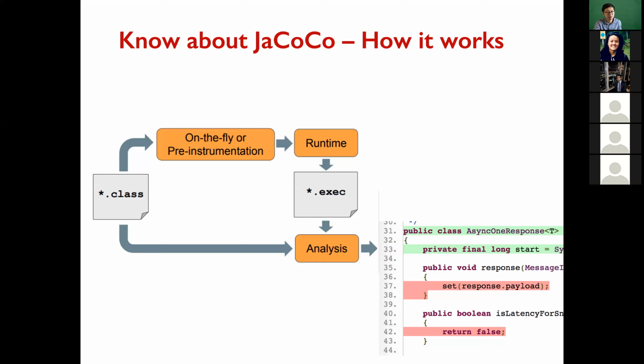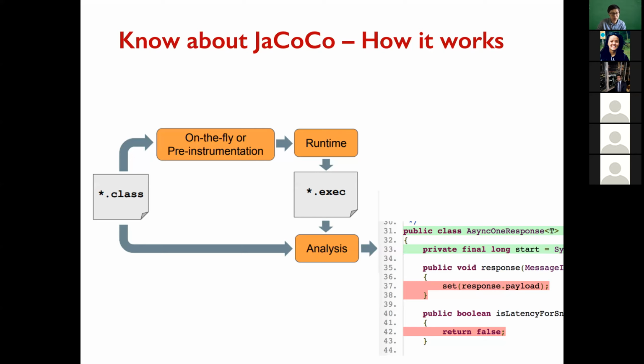You can either instrument before the execution or do the instrumentation on the fly, which means doing the instrumentation while it is running. Then it runs a test, generates the results, and then does the analysis.